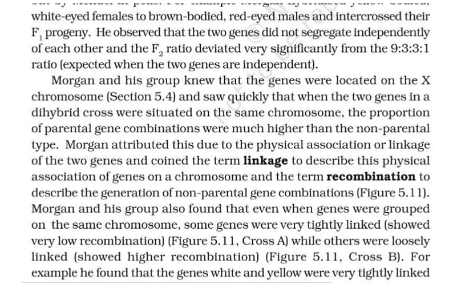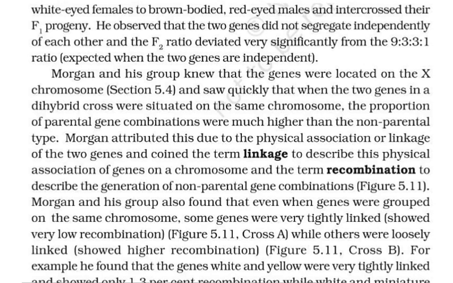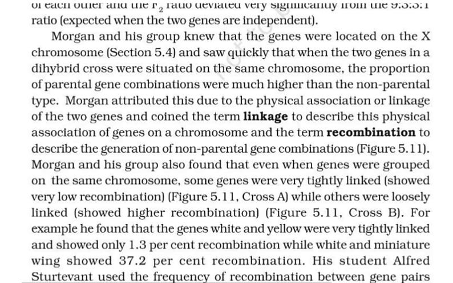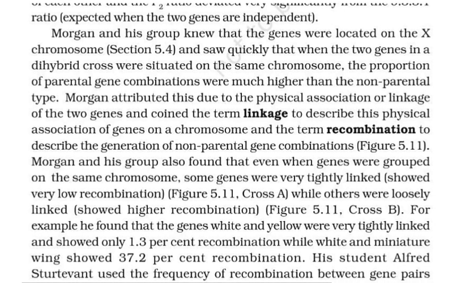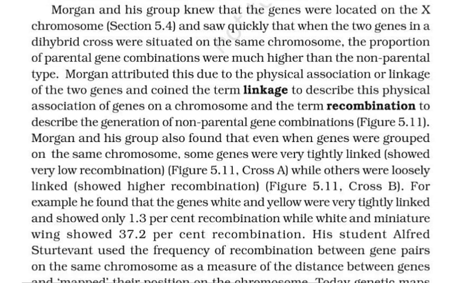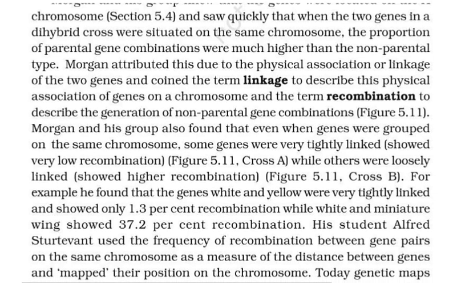Morgan worked with the tiny fruit flies, that is Drosophila melanogaster, which were found very suitable for such studies. They could be grown on simple synthetic medium in the laboratory.